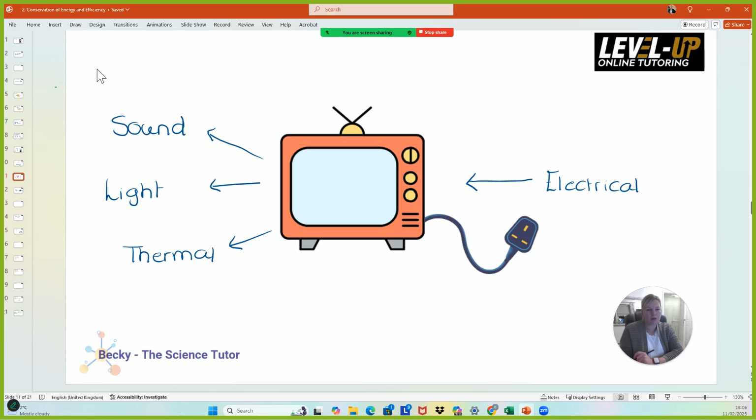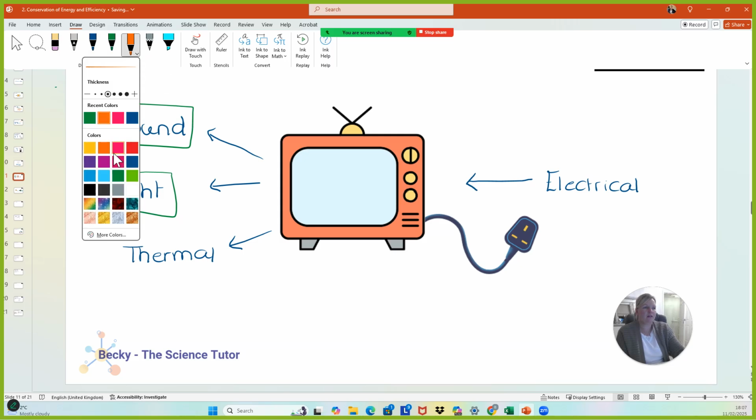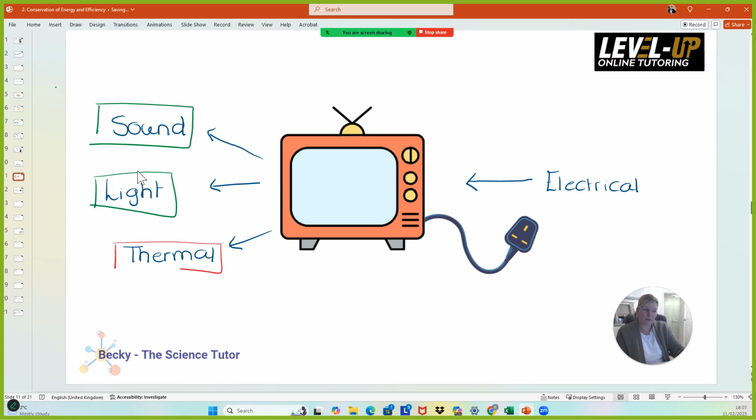Brilliant, yeah. Good. So I'm going to box them off in green. So sound and light are useful. I'm going to change this to red. Good, yeah. And the thermal is wasted. We don't need our television to get warm. We need sound and light from our television so that we can enjoy our shows that we're watching. We don't need it to get warm.